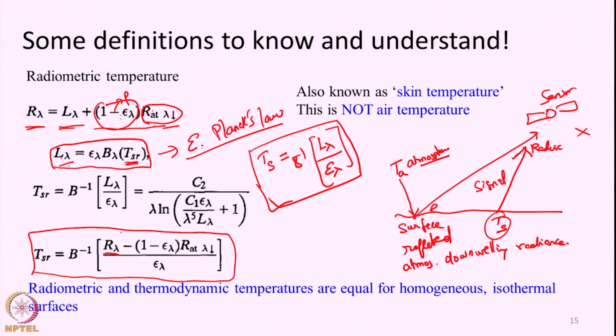So, purely speaking, for the radiance emitted by the surface object, you correct for the emissivity effect, that is you divide by emissivity, and then you invert the Planck's function to get the surface temperature, and this is known as radiometric temperature. So, this radiometric temperature and the thermodynamic definition of temperature that we have earlier seen will be equal only for homogeneous objects under isothermal conditions.